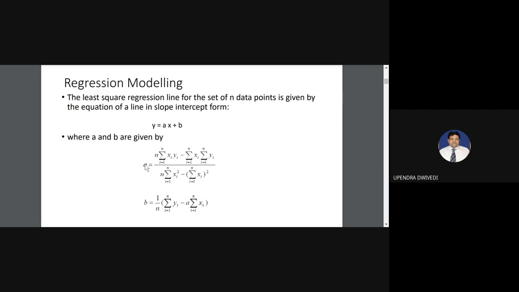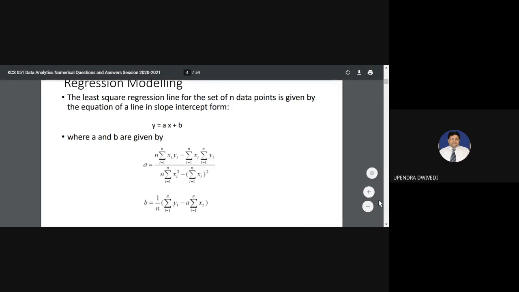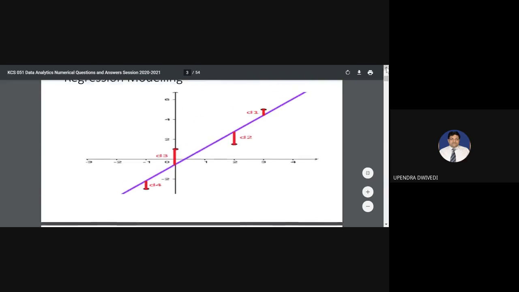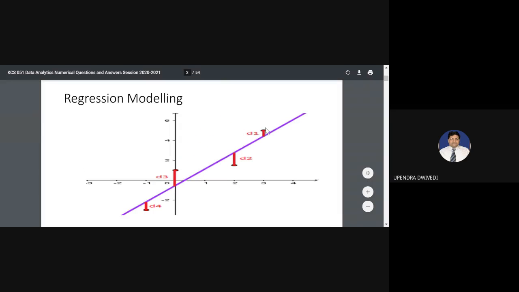So in a linear regression, you can find the coefficient A by this formula. You can see X and Y. X is the data point. If we represent the data point, x1 will be represented by two values, x1 and y1.